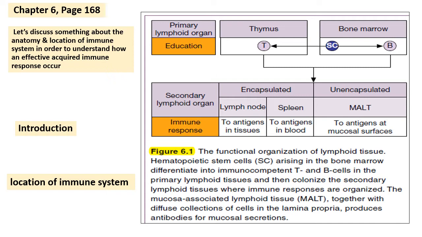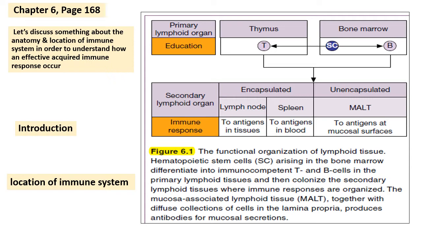For example, resident tissue macrophages and mast cells in connective and mucosal tissue, NK cells in many locations, and neutrophils also recruited to the site of infection, while among the lymphocytes of the adaptive immune response, B cells become fully mature within bone marrow, as we mentioned.